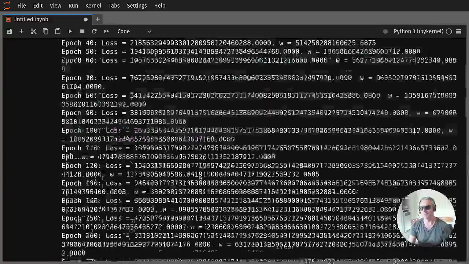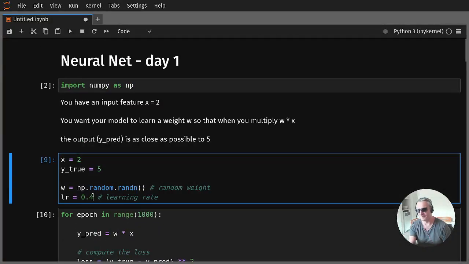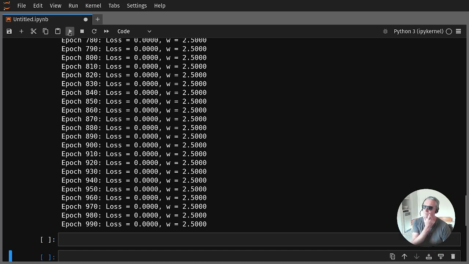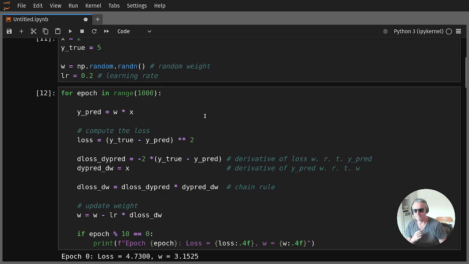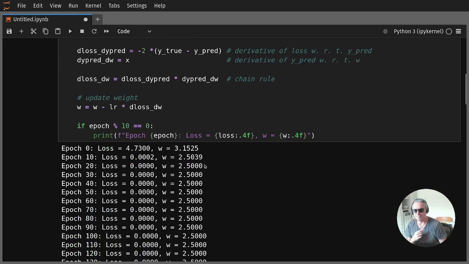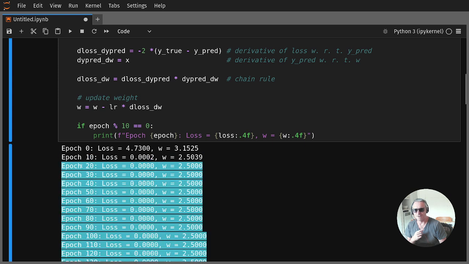What I'll do is I'll put this on GitHub and you can experiment with it. So you can see very quickly you get to the answer. Well, we got to it very early there.